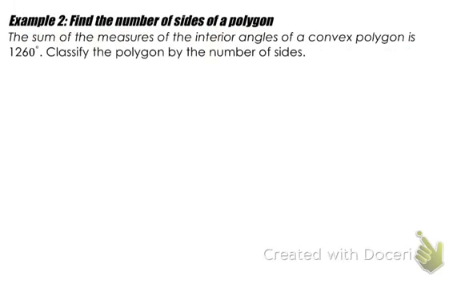Alright, in example 2, we have to find the number of sides given the fact that we know the sum of the measures of the interior angles. So it says the sum of the measures of the interior angles of a convex polygon is 1,260. We have to classify the polygon by the number of sides.